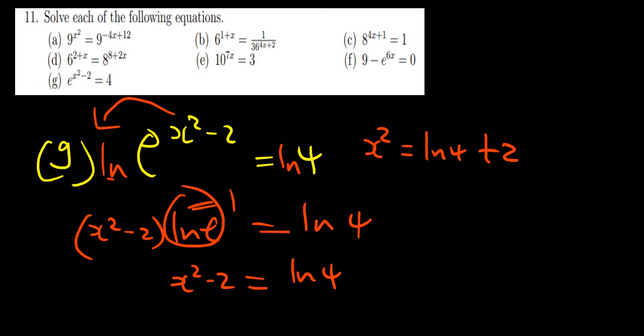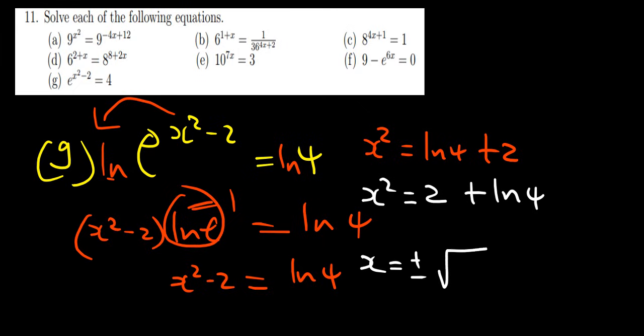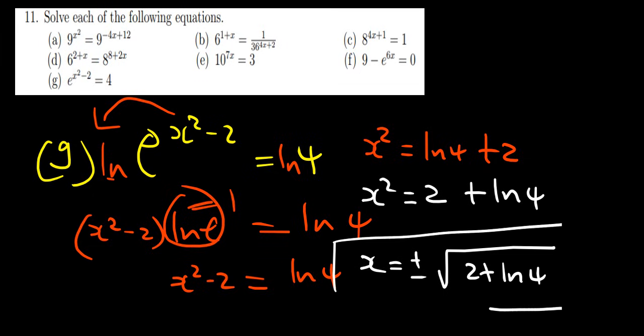Before I take the square root, let me write this as x squared is equal to 2 plus ln 4. Then I can take the square root of both sides. So x will be equal to plus or minus the square root of 2 plus ln 4. This here will be our final answer on G.